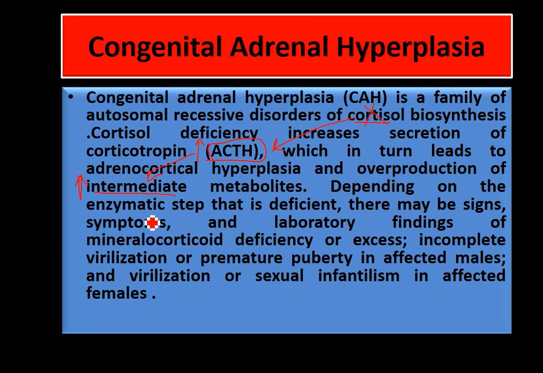Depending on the enzymatic step that is deficient, which will be explained in the next slide, there may be signs, symptoms and laboratory findings of mineralocorticoid deficiency or excess, incomplete virilization or premature puberty in affected males, and virilization or sexual infantilism in affected females.